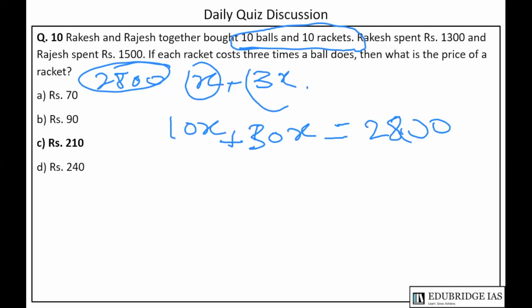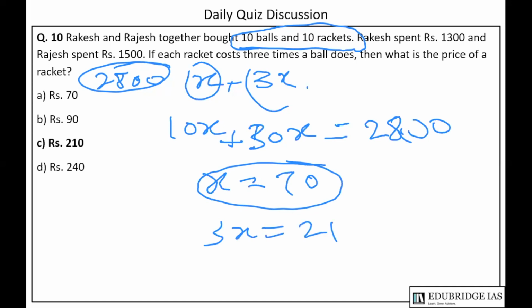If we solve this, we get x equal to 70. 70 is the price of a ball. So the price of a racket is 3x, so this will be 210. So C will be the answer in this case.